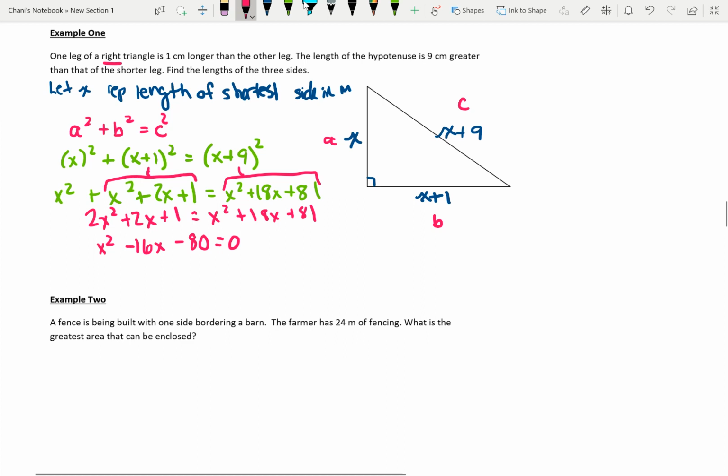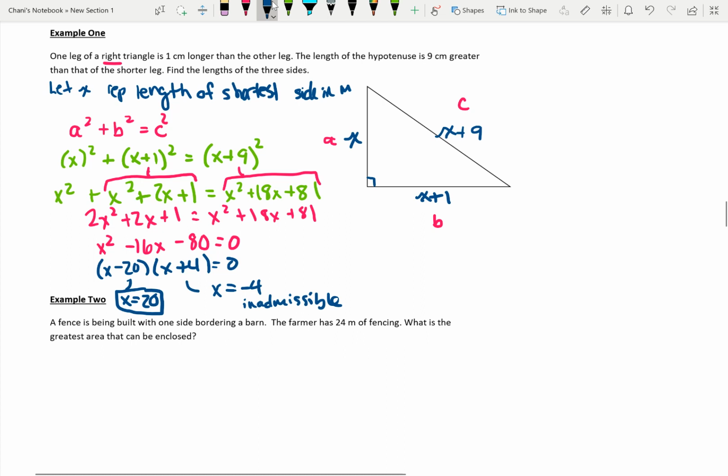From this form now, we can either factor or use the quadratic formula. In this case, it is factorable. If you don't feel like factoring, you can use the quadratic formula. However, this is just (x minus 20)(x plus 4) equals 0. So either x is equal to negative 4, which is inadmissible since we can't have a side length of negative 4 centimeters, so then x equals 20 must be the correct solution.